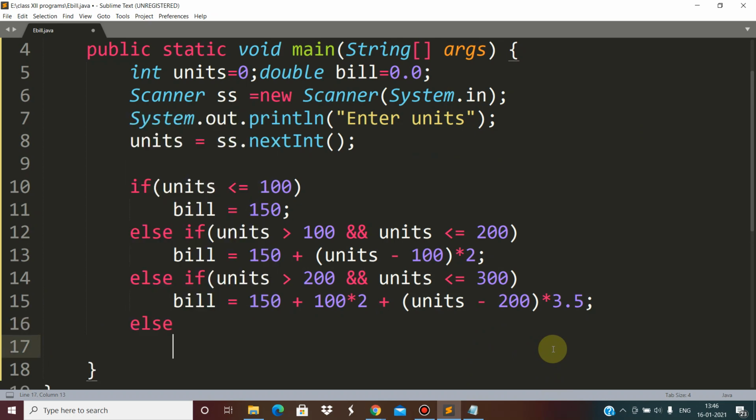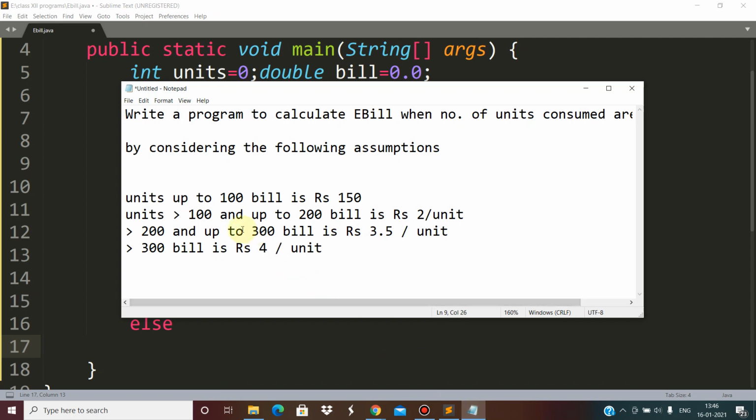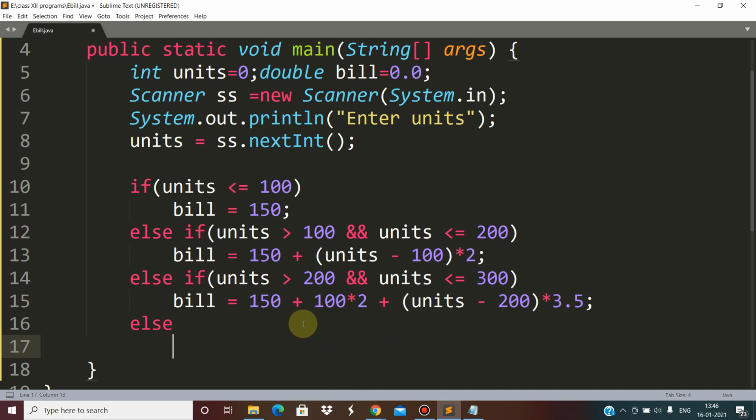Now it will come to the else part, which is the last one. Sir, I think it should be 100 into 4. Why? Sir, because we are counting for 200 units and then... No, the cost of one unit is between 100 and 200. It is not 100 into 4.